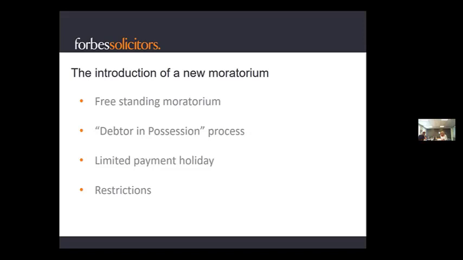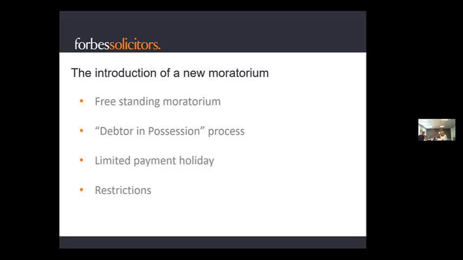For the next month, now that the Act is in place, there are some changes to the eligibility criteria. The first one is the requirement that the monitor is of the view that it is likely that a moratorium would result in the rescue of the company as a going concern has been relaxed slightly for this first month, so that the monitor must only be of the view that a rescue would be possible were it not for any worsening of the financial position of the company for reasons relating to coronavirus.